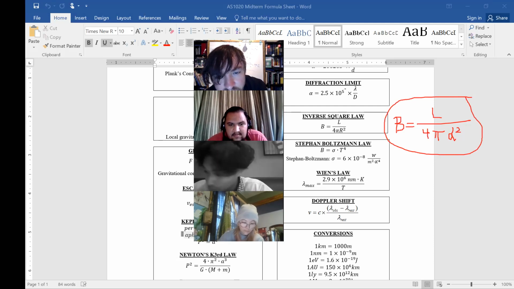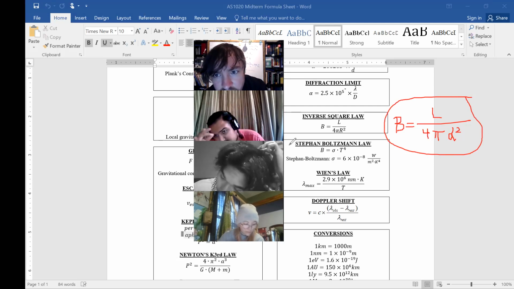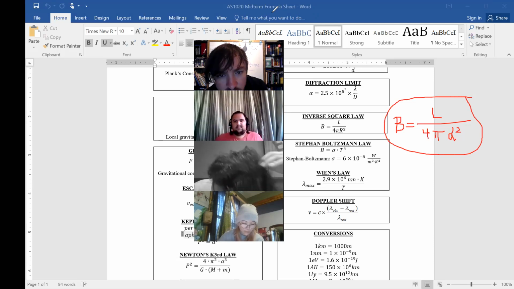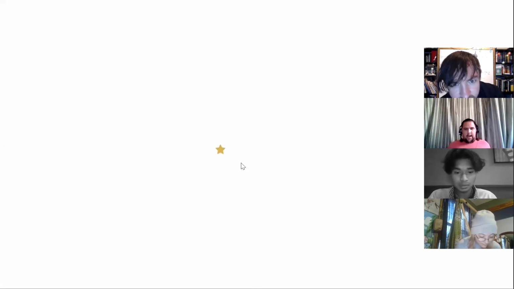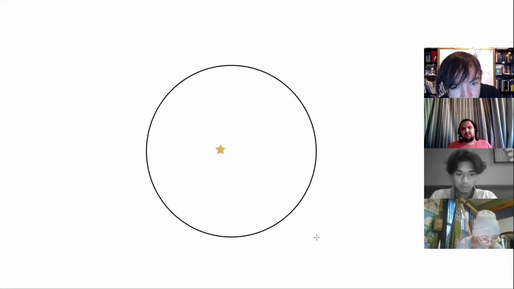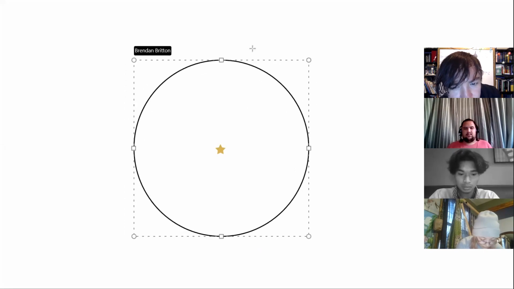Well, if you think about it, guys, let me go to my whiteboard for a second. You can still think about it as radius if you want. Check this out. If I have a star there, I can think of it as being surrounded by a big, giant sphere. And I can think of Earth as being over here.